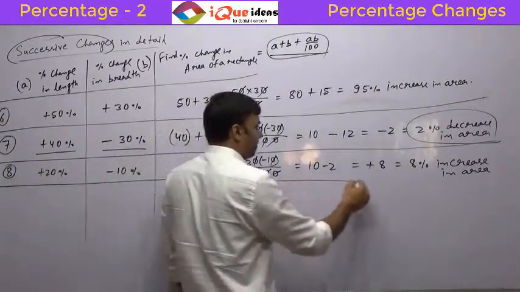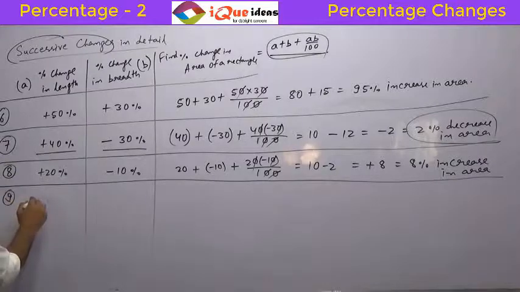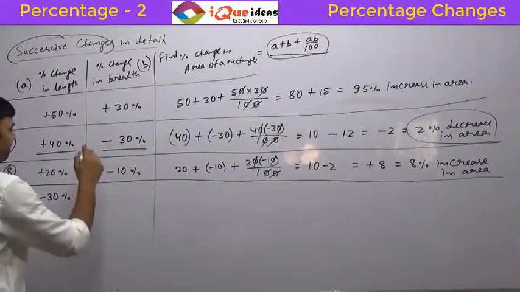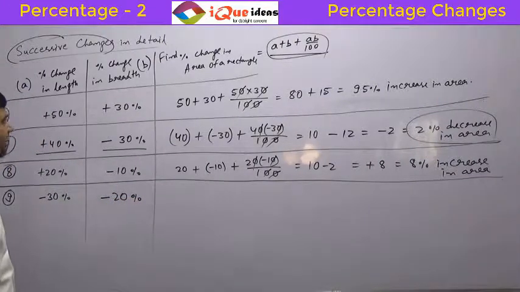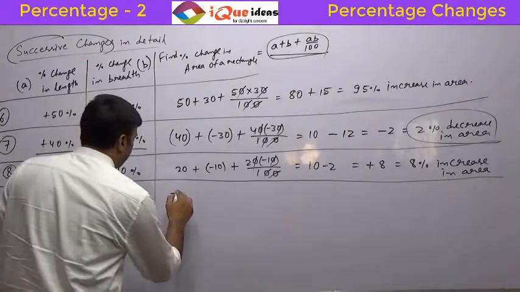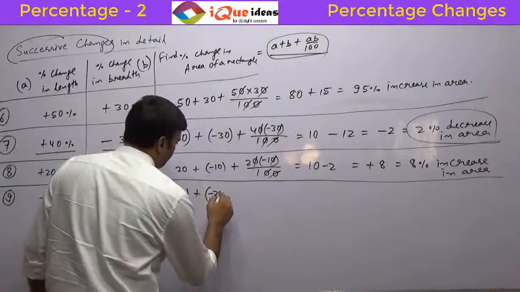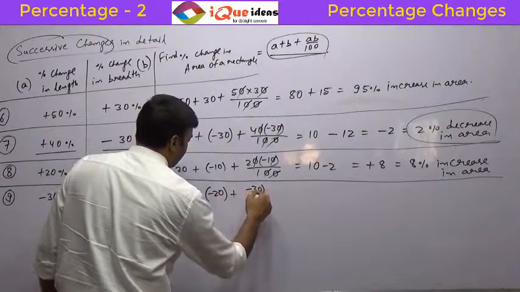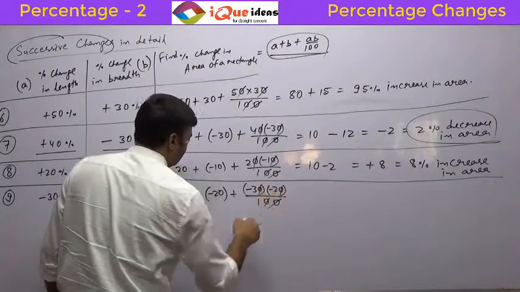Okay. Let's take one more example. If we say that the length decreases by 30% and breadth also decreases by 20%, then what is the net change in the area? So it will be minus 30 plus minus 20 plus minus 30 into minus 20 divided by 100. 0 and 0 are cancelled.